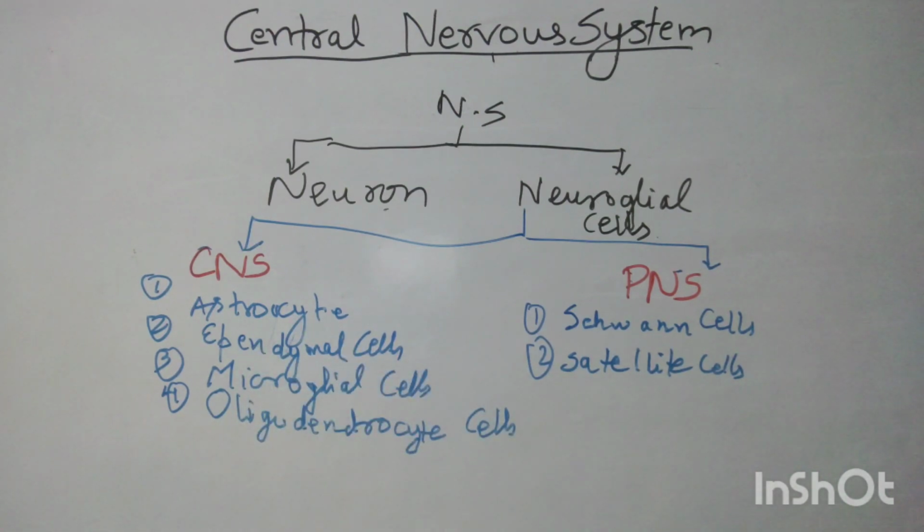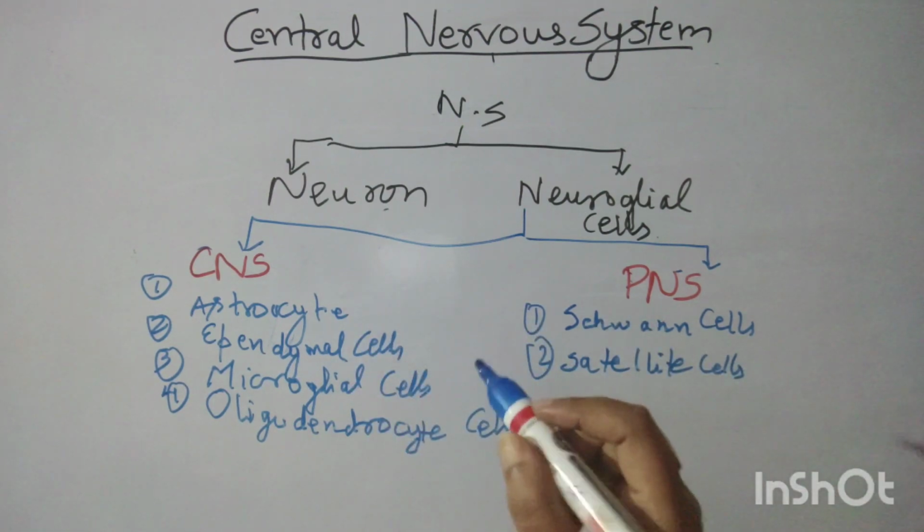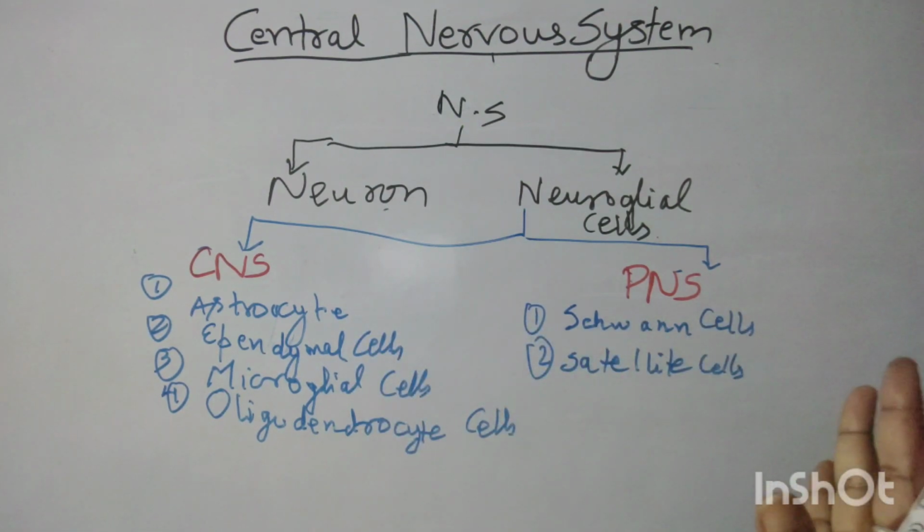Astrocytic cells, what they do, they form the blood-brain barrier. They supply nutrients and support. Ependymal cells form the outer layer and the ciliated movements of the tissues.